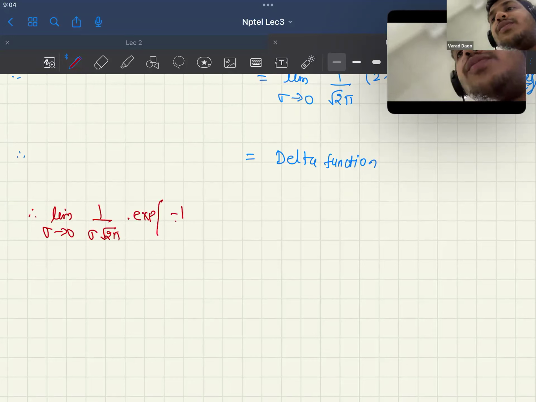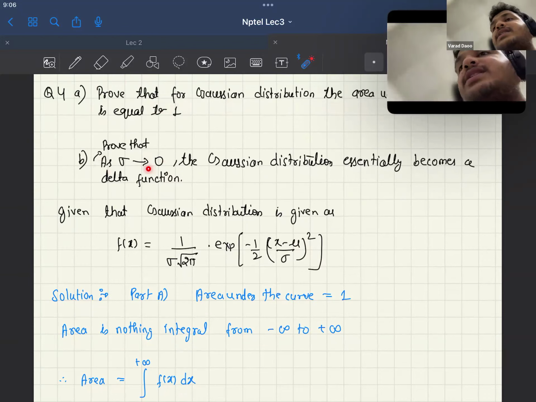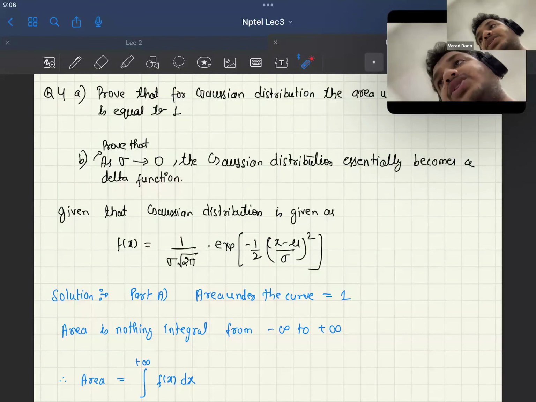At the end we showed that the area under the Gaussian distribution is exactly equal to one. And as the standard deviation approaches zero, the Gaussian distribution essentially becomes a delta function.